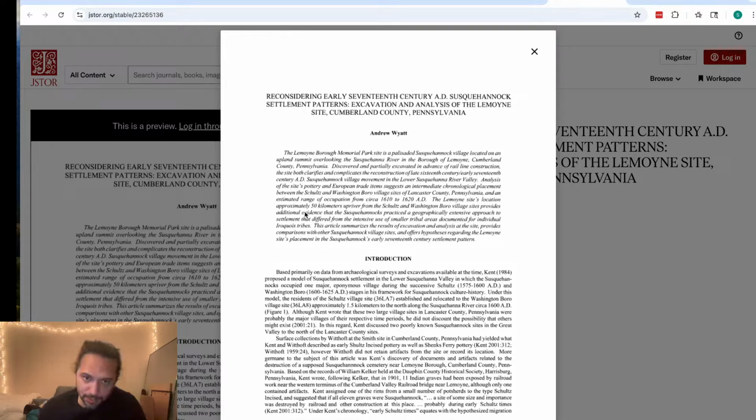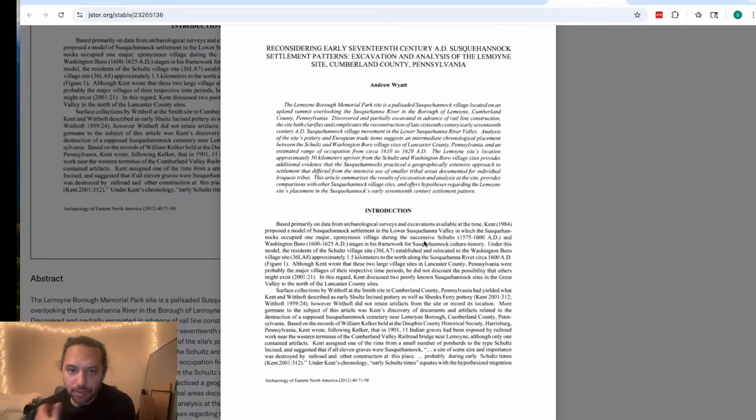I really want to find where it is. Based primarily on data, one major change during the successive Schultz and Washington Borough stages in his framework of Susquehannock cultural history.